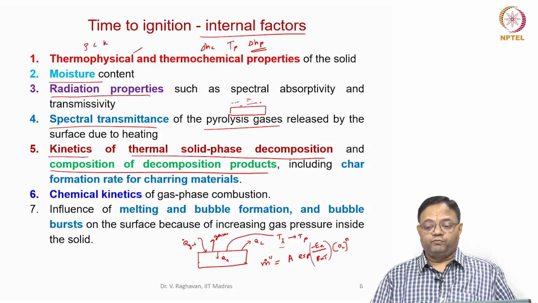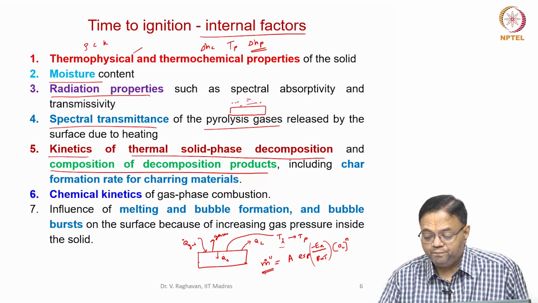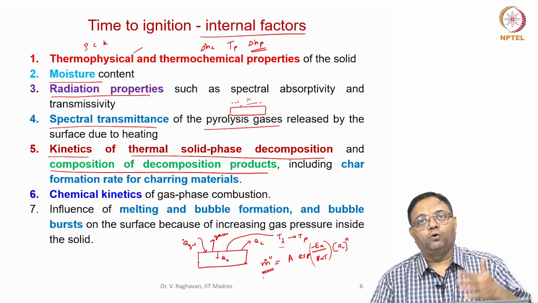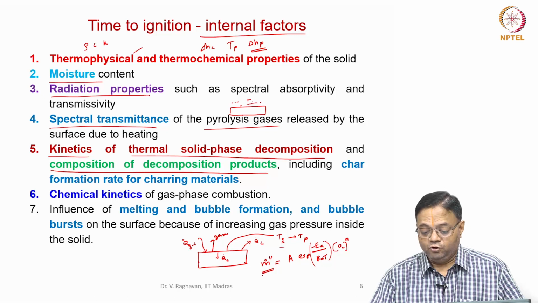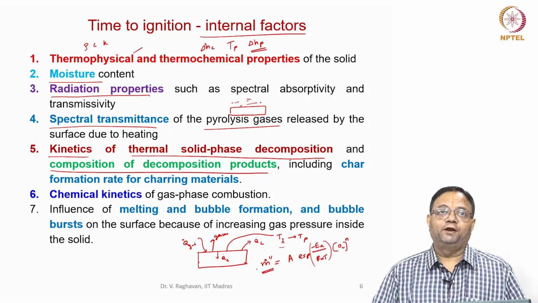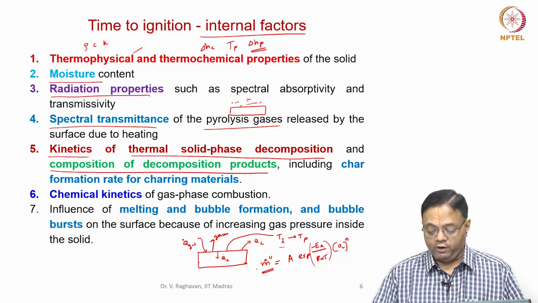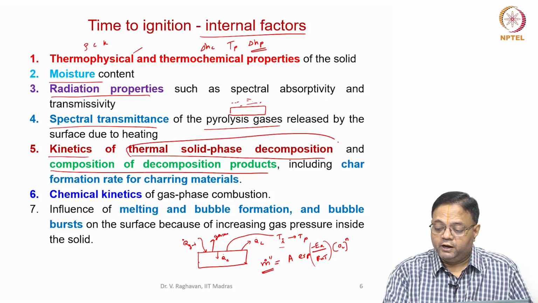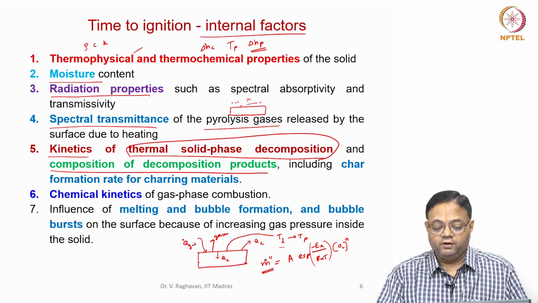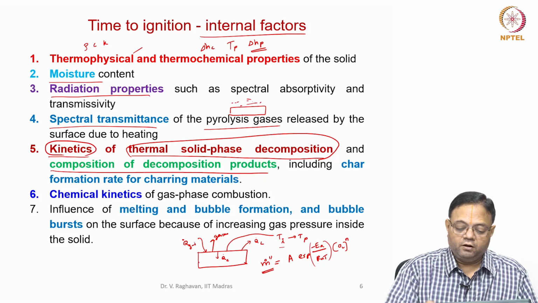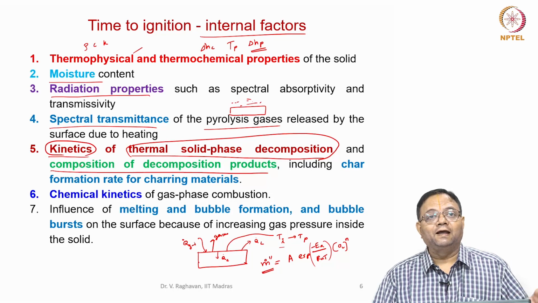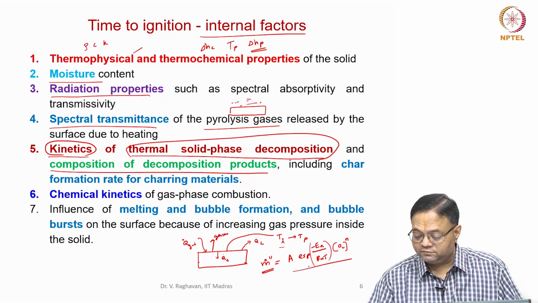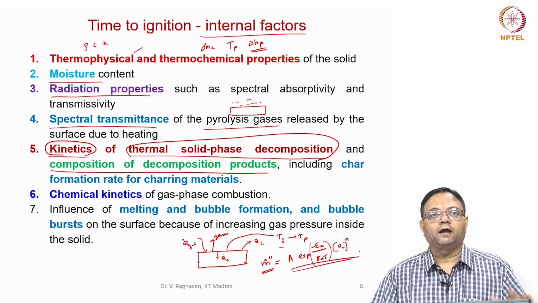So this is the mass flux of the volatile gases coming out. Unlike evaporation of a liquid fuel, the thermal decomposition of the solid phase is modeled using a kinetic expression like this.